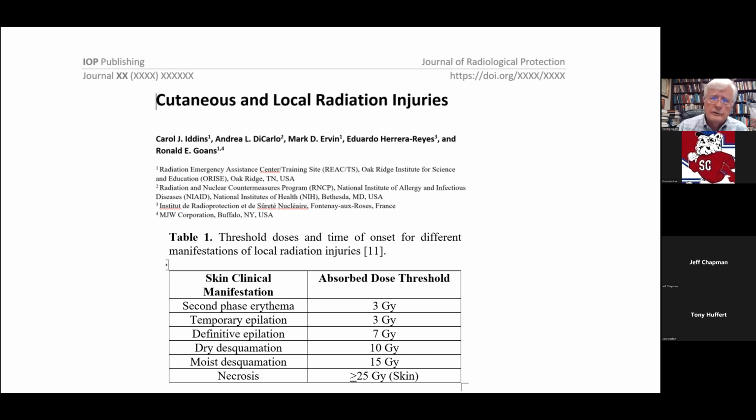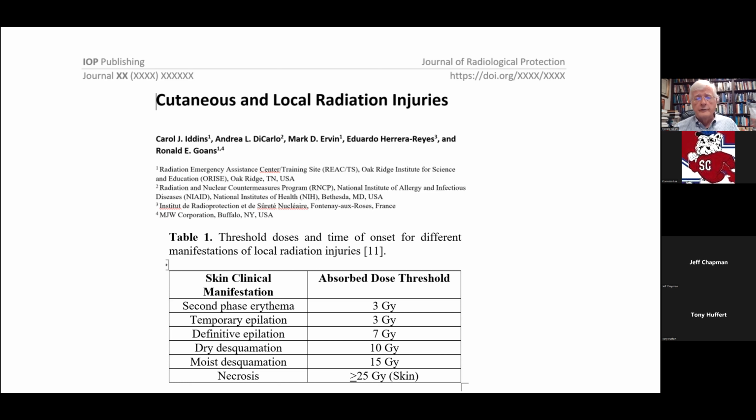Our French colleagues will say that anything over 25 gray, 20 to 25 gray is not going to heal up. And so what they will do is get a health physics evaluation of a local injury and then excise anything that they think is over 25 gray. We haven't quite done that, but our French colleagues have done it very successfully, actually. So anything over 25 gray is probably going to be so necrotic it's not going to heal.